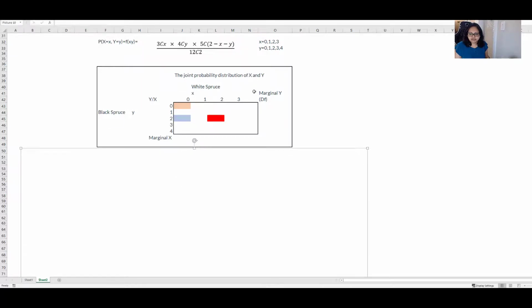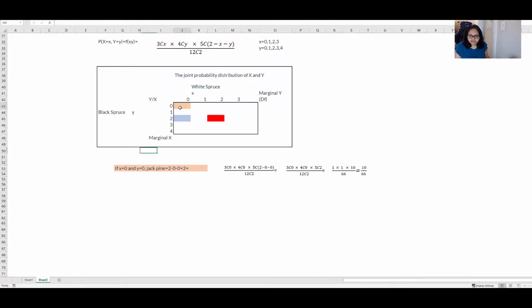So you can see I added the marginal. Whenever we have all the probabilities, we can add them together. That will be the marginal value for whenever we have black spruce 0. So for 0, 1, 2, 3, 4, we will have marginal values if you sum them.